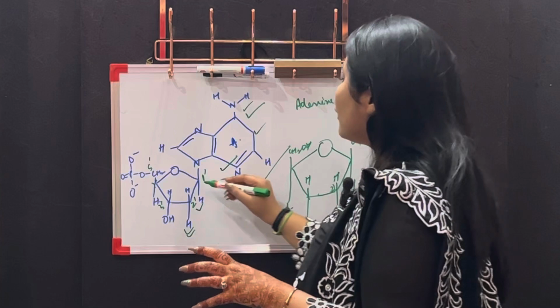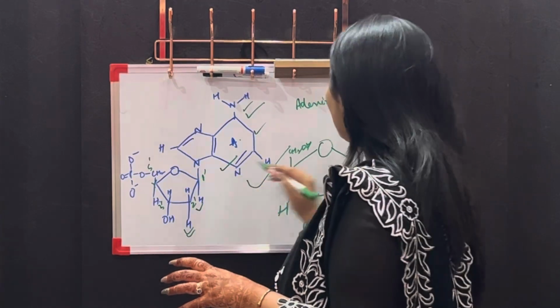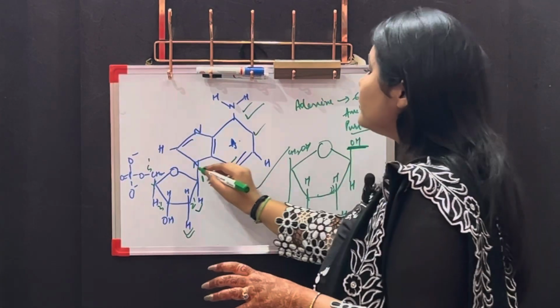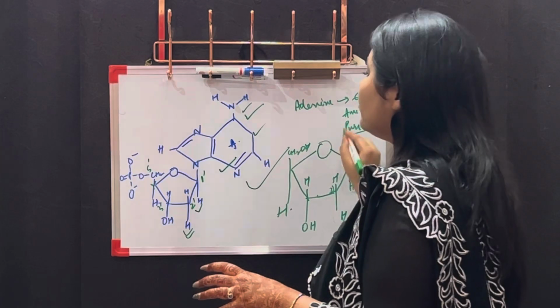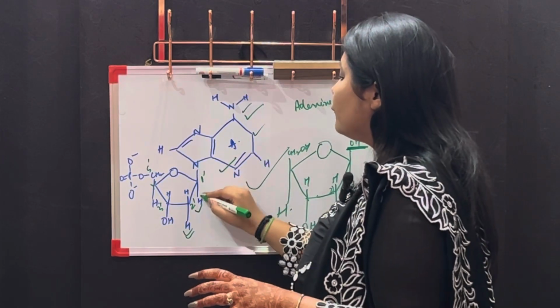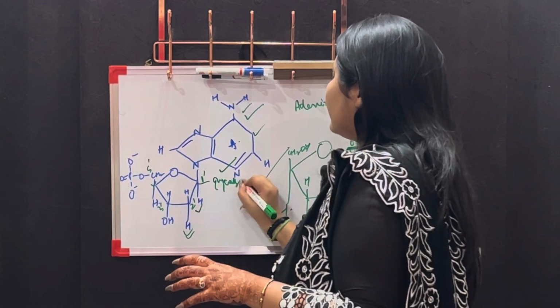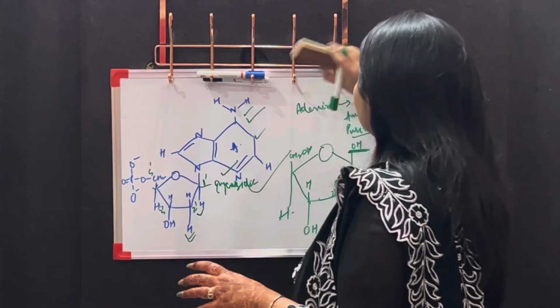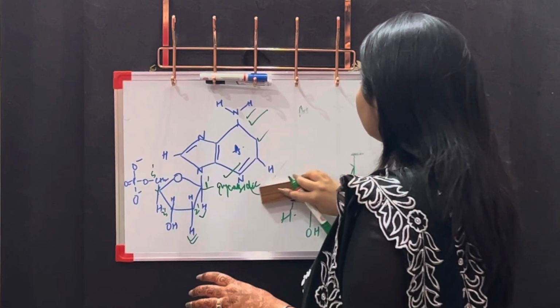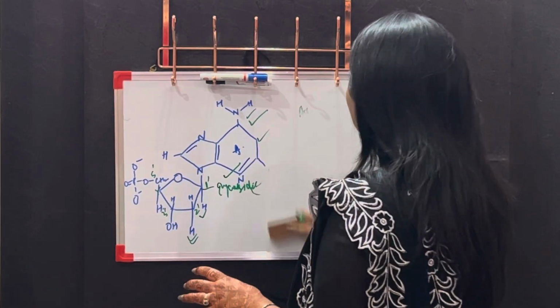Okay, so when we talk about this structure, there was OH here and it was NH here. So what will happen? The water will be removed and this bond will form. This glycosidic linkage will be formed. Let me just rub off whatever is written here because now I have already explained it to you.